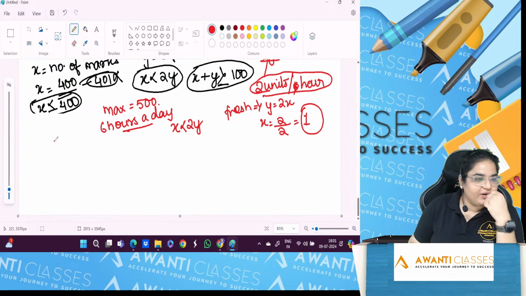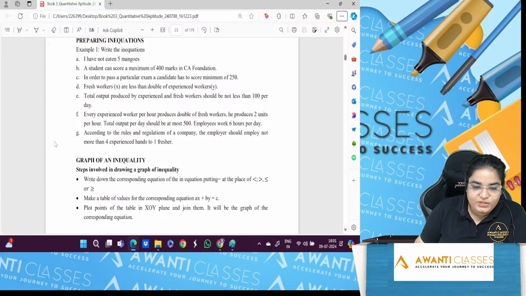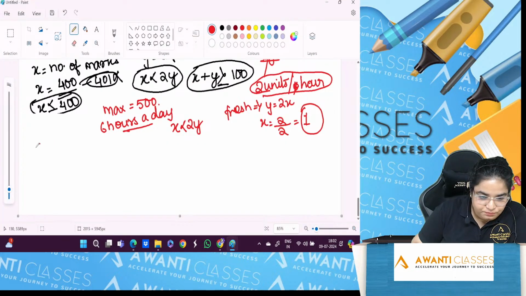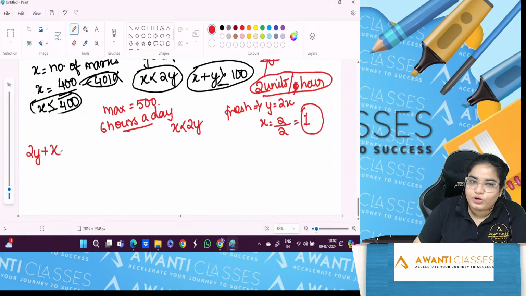Maximum is 500 units. So in question F, what are they saying? They are saying for every unit that X produces, Y will produce 2.